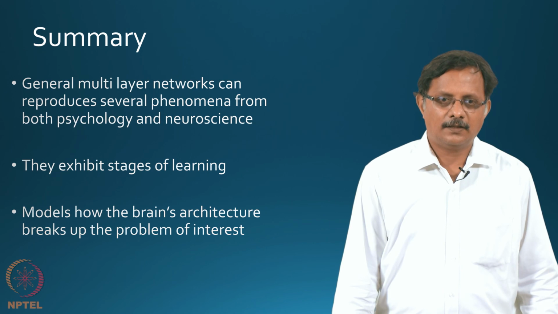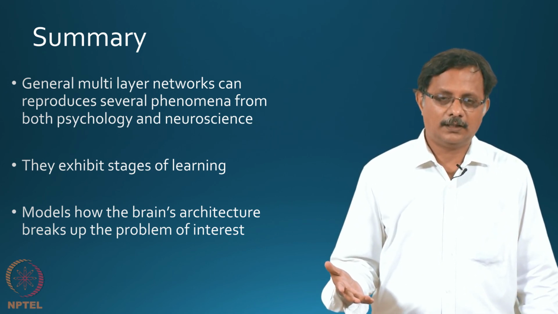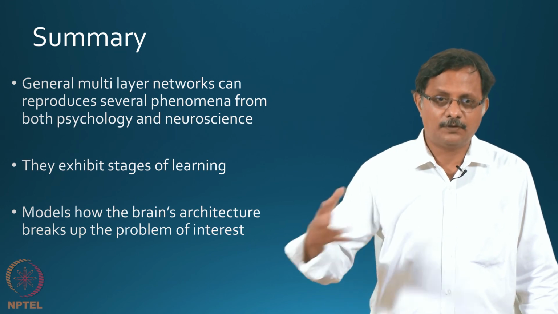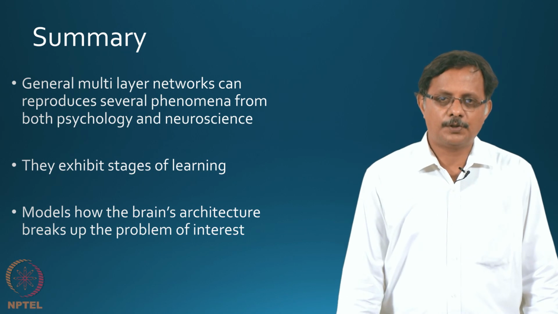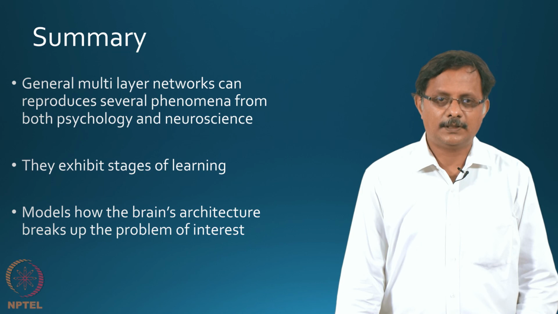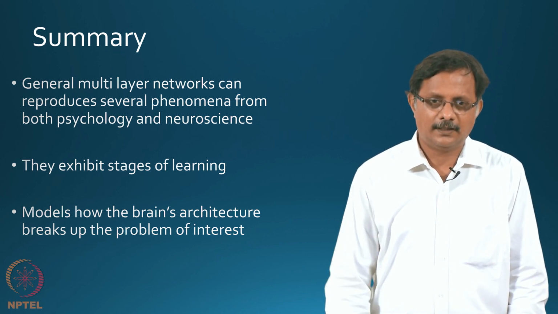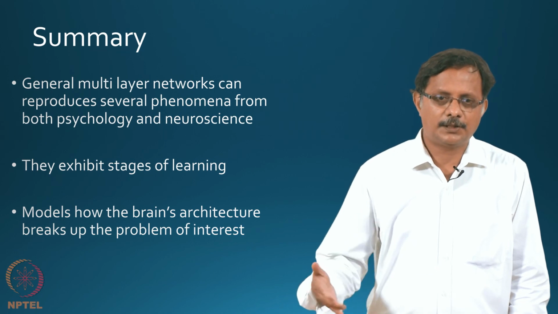So, what we can learn from all these examples is that general multilayer networks, which are not very faithful to the real brain or real neurons, can reproduce many phenomena from psychology and neuroscience, and they exhibit several stages of learning, as what Piaget and others have observed in stages of learning in children.